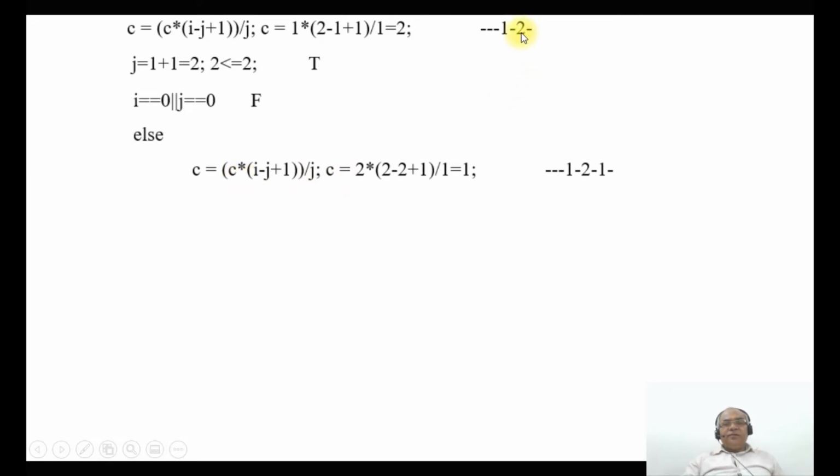The previous value of c is 2, the value of i is 2 and the value of j is also 2. So i minus j becomes 0, plus 1, so that becomes 1. 2 into 1 is 2, divided by 2.